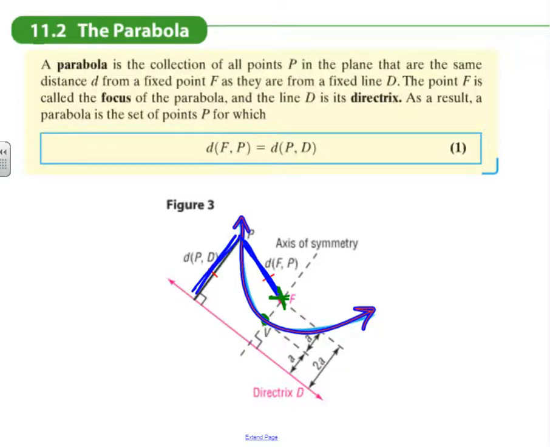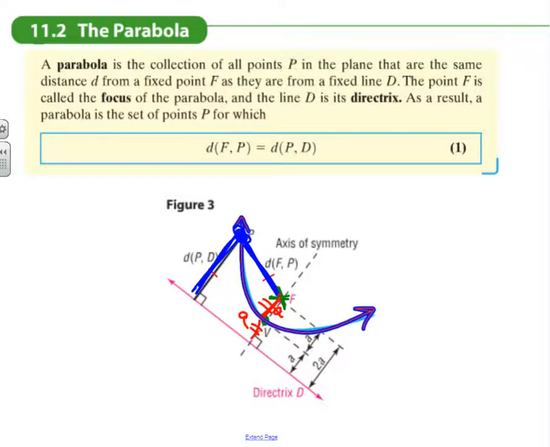So the distance from the focus to any point on the parabola is equivalent to this distance to the directrix, and that includes this point. From the focus to the vertex, we're going to call this A. That's equivalent, so we'll double hash this, to this, so we'll call that A as well.